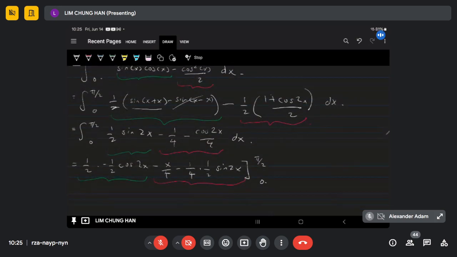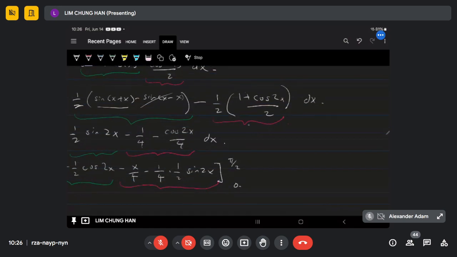Sorry, doctor. In the previous step, 1 over 4. How did you get it? I got it from here. But isn't it multiplying 1 over 2 to 1 plus cos 2x over 2? Correct.